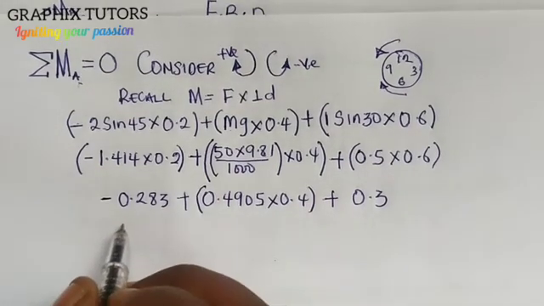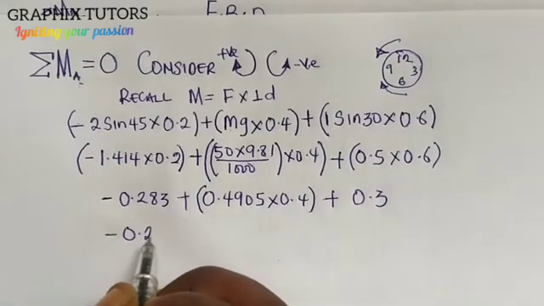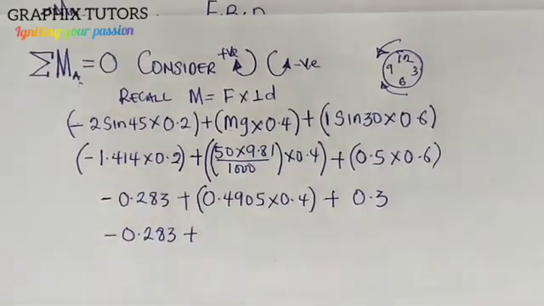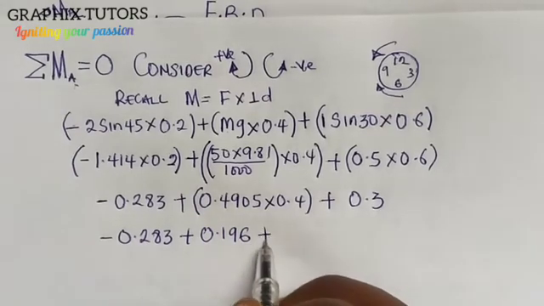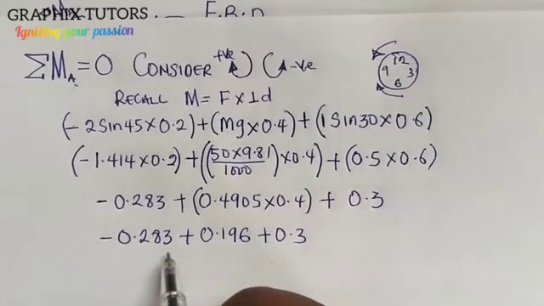From here we'll now say the minus 0.283 plus, if I multiply 0.4905 times 0.4, that will give us 0.196, right? Plus 0.3. Now when you add everything together, that is minus 0.283 plus 0.196 plus 0.3, that will give us 0.21, right?